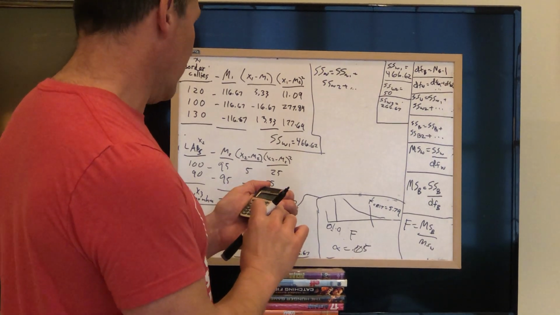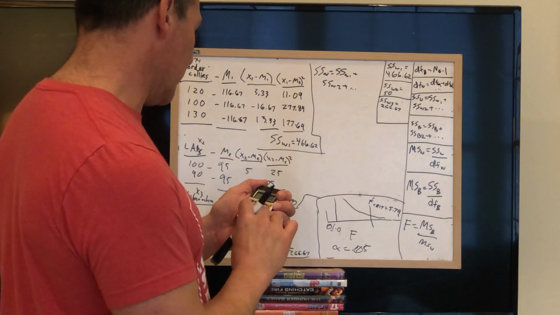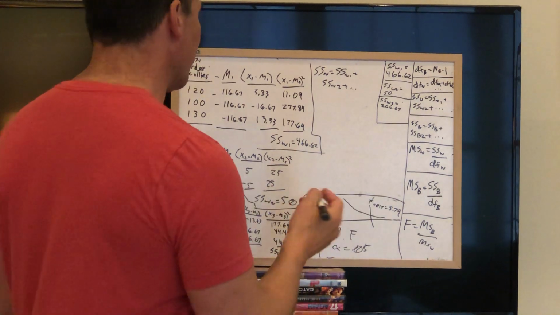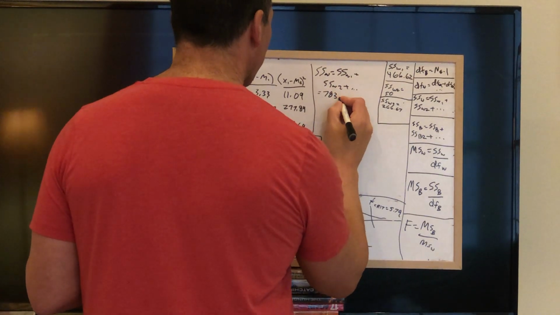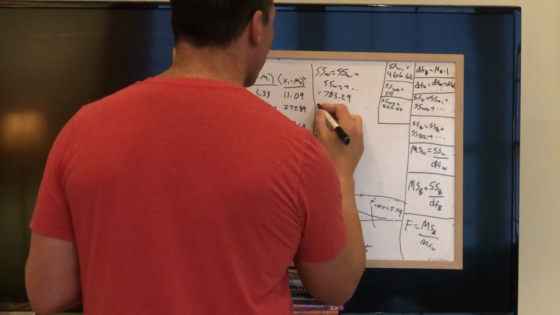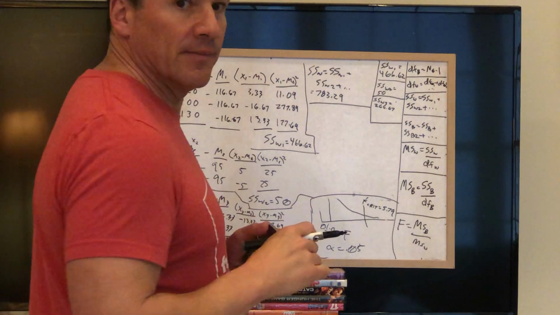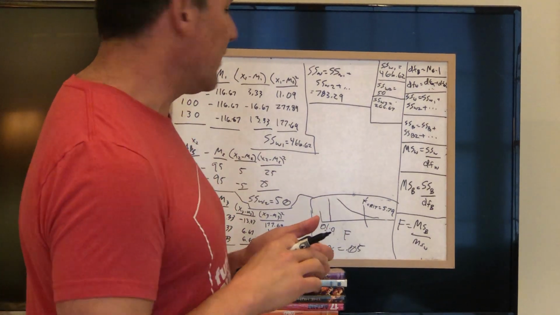But SSW is the sum of all that, so that's 466.62 plus 50 plus 266.67, which equals 783.29. Okay, so big SSW is the sum of the little SSWs, which is 783.29.